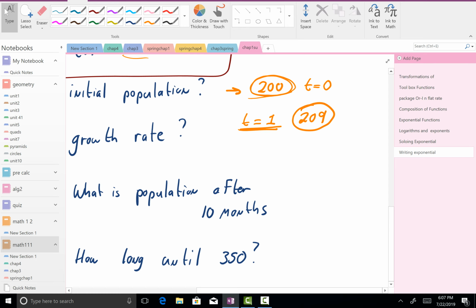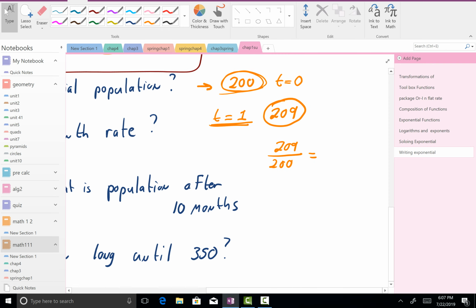Do you remember what we did? You could divide 209 by 200. All right. So let's do that. 209 divided by 200. Okay. What do we get? 1 point, what is it?